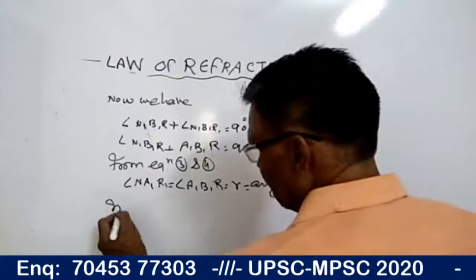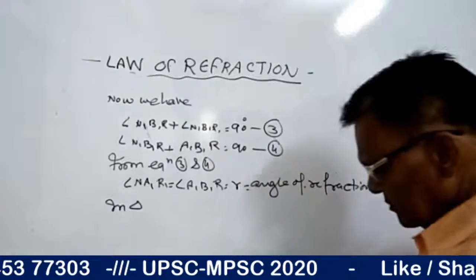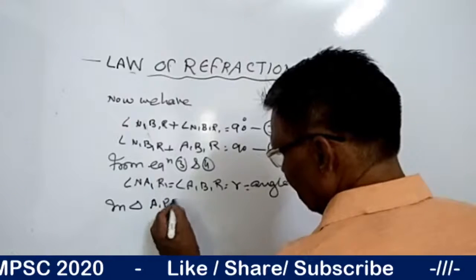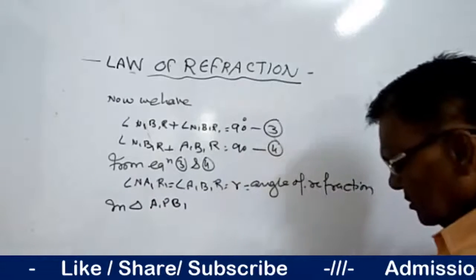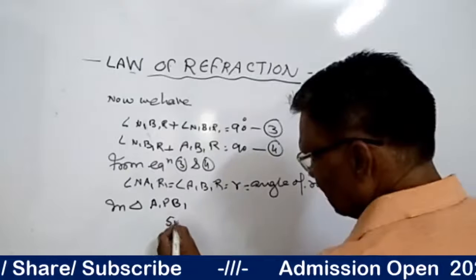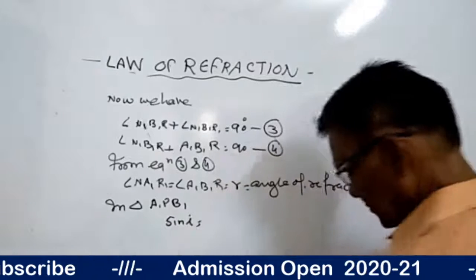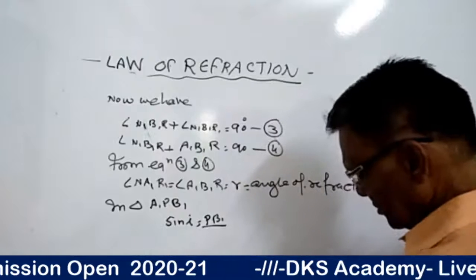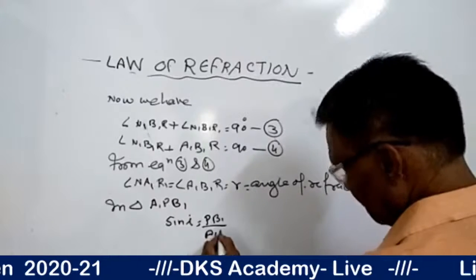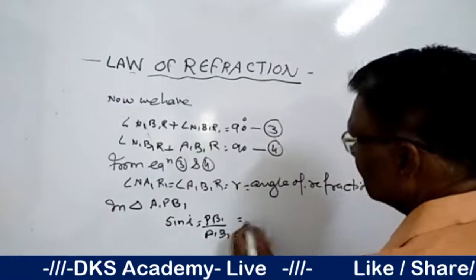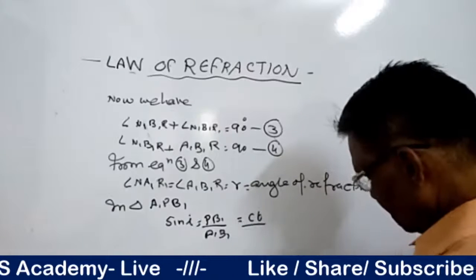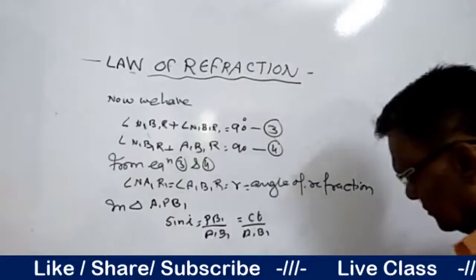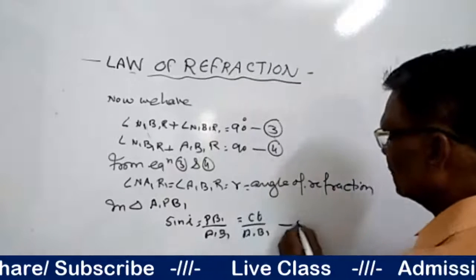Now in triangle A1PB1, sin i equal to PB1 upon A1B1 equal to C1t upon A1B1, that is fifth one.